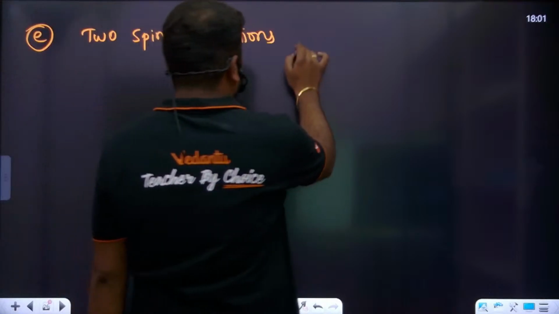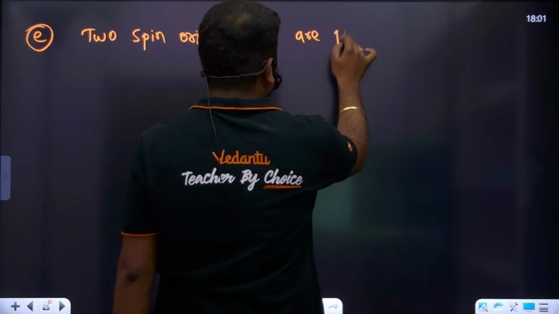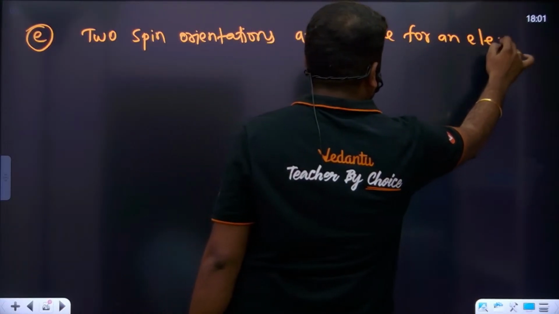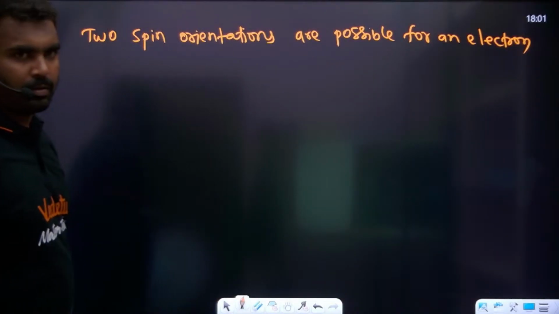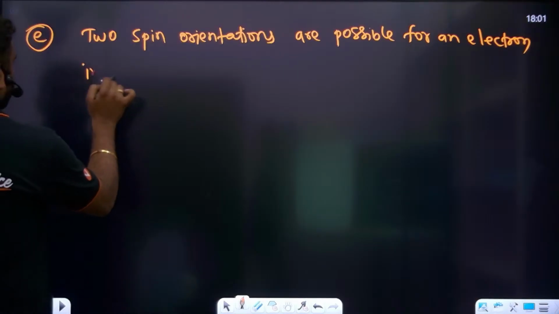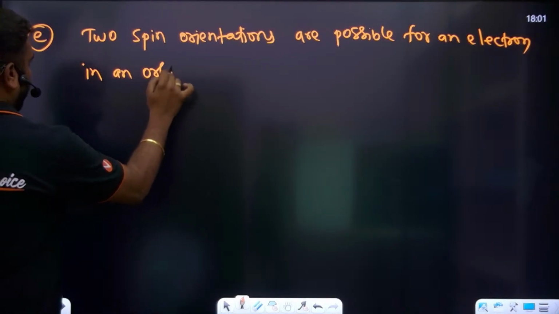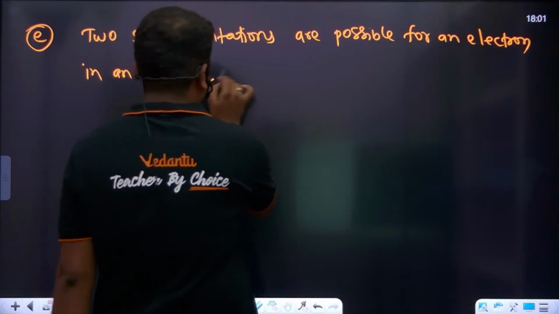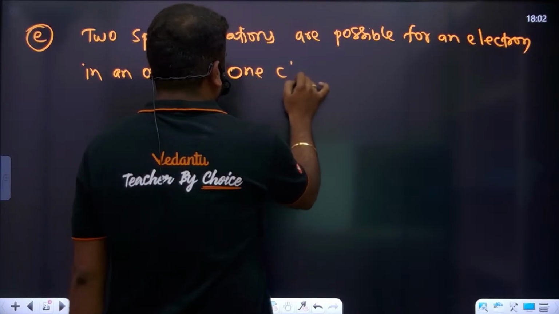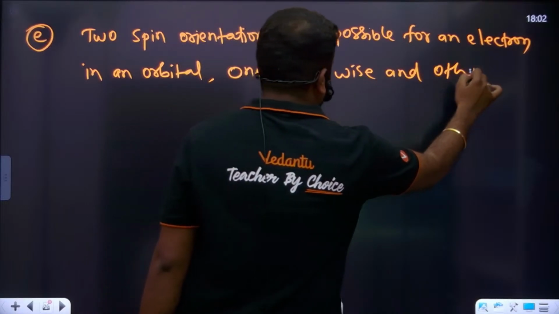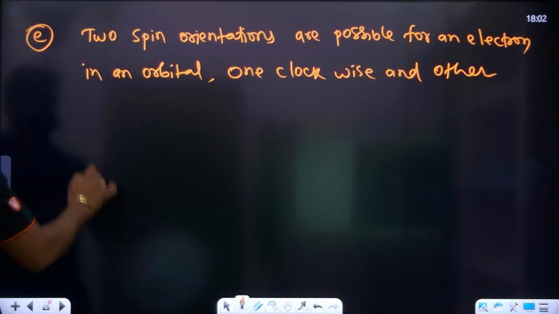2 spin orientations are possible for an electron in an orbital, one clockwise and the other anti-clockwise spin.